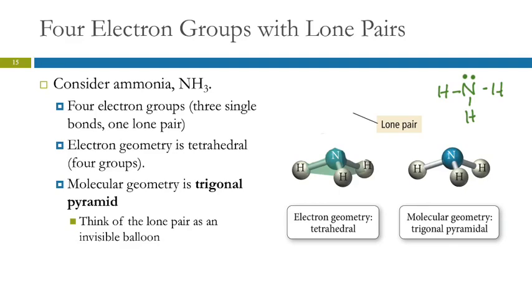It would flatten out because they could get further away. That lone pair is very much there. It's just invisible. For the molecular geometry, we need a name for this shape. It's called a trigonal pyramid because it's not flat. The angles here would be approximately 109.5 because it's part of a tetrahedron.